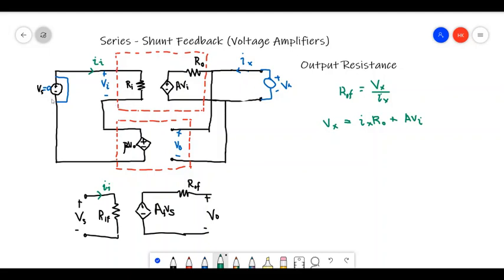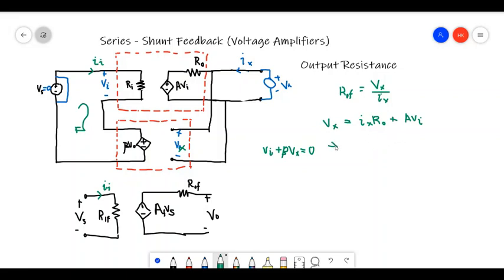So what about Vi? Here Vs is 0. So if we write Kirchhoff voltage law to this loop, we get Vi plus, so this Vout is now Vx in fact, so this is beta Vx, equal to 0. That means Vi is equal to minus beta Vx.